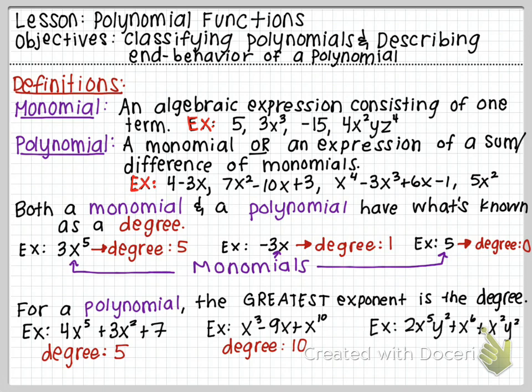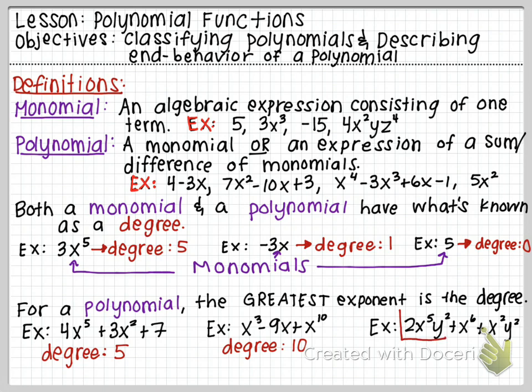Now, if we have something that looks like this, this is 2x to the 5th y squared. Notice how this is one monomial? It's separated by that plus sign, right? So I'm going to actually box the different monomials here because they look pretty different. They're a lot longer.